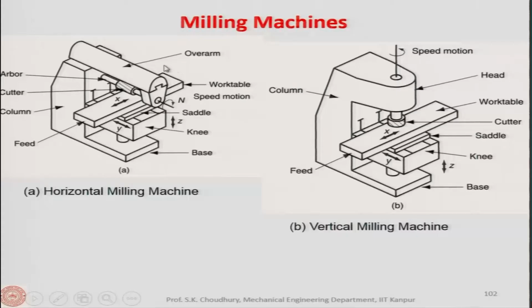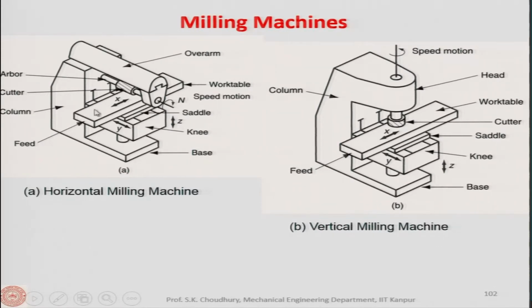These are the milling machines. These machines we will see in the laboratory. This is the horizontal milling machine, because the axis of the milling cutter is horizontal. And here, since the axis of the milling cutter is vertical, this is called the vertical milling machine.